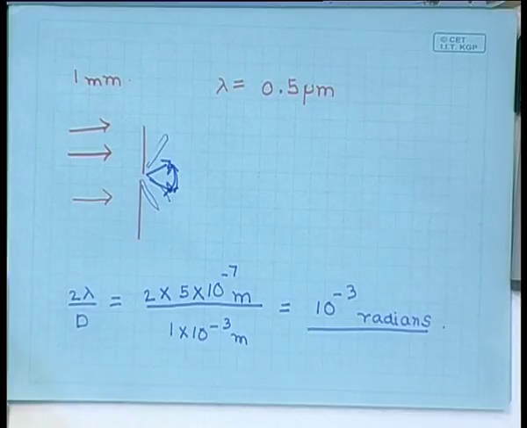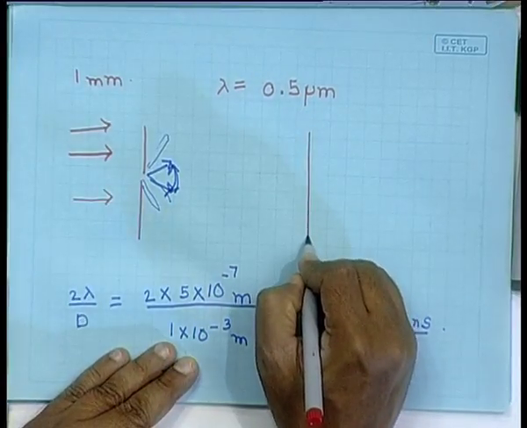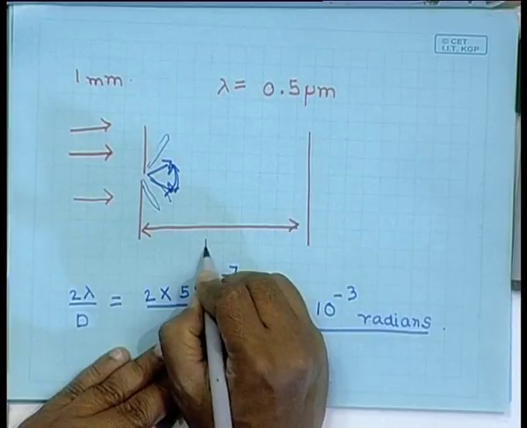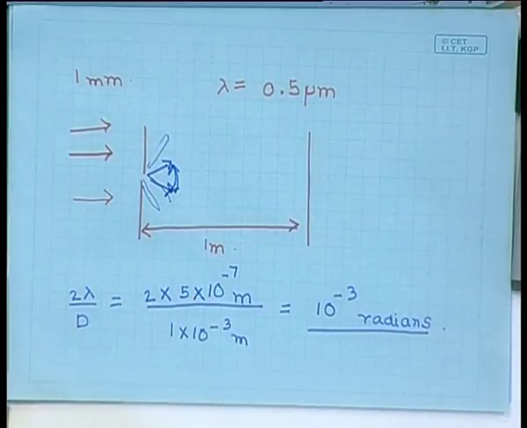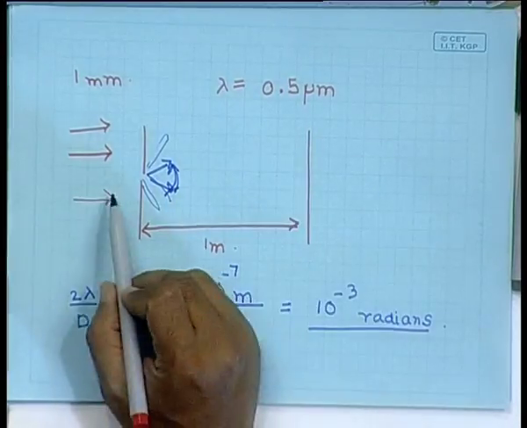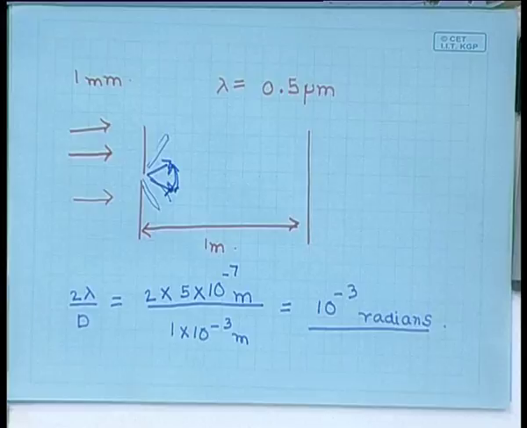Now, the next part of the question is as follows. Suppose I put a screen which is 1 meter away. The question is, what is going to be the size of the central spot that is going to be produced on the screen? So, that is quite easy to estimate.